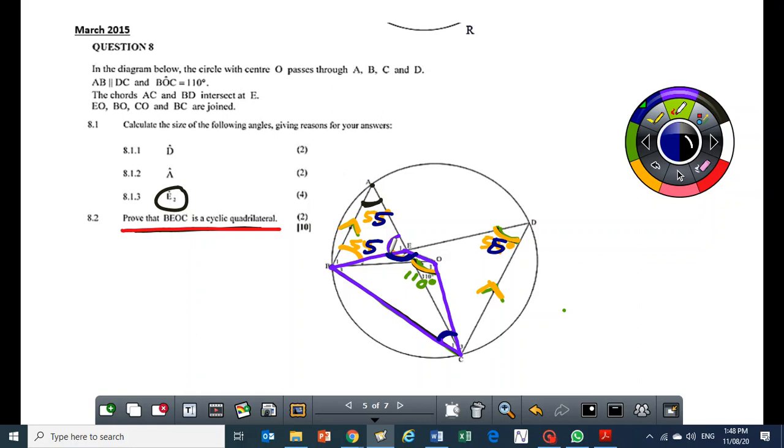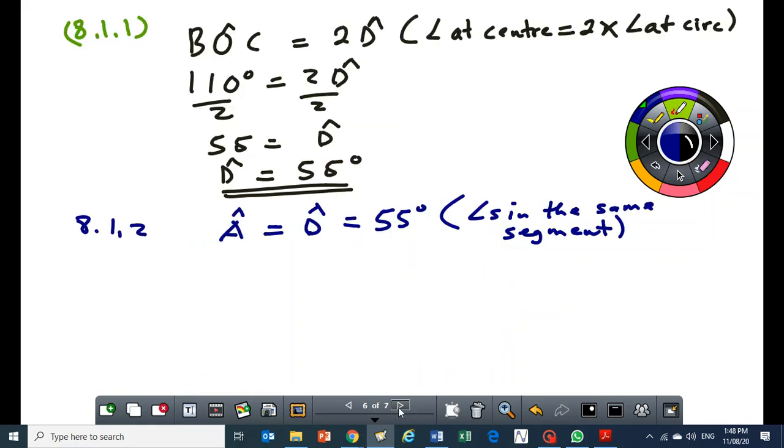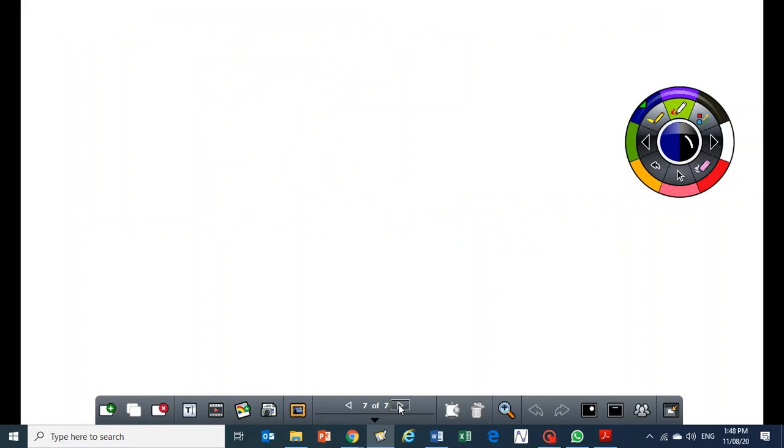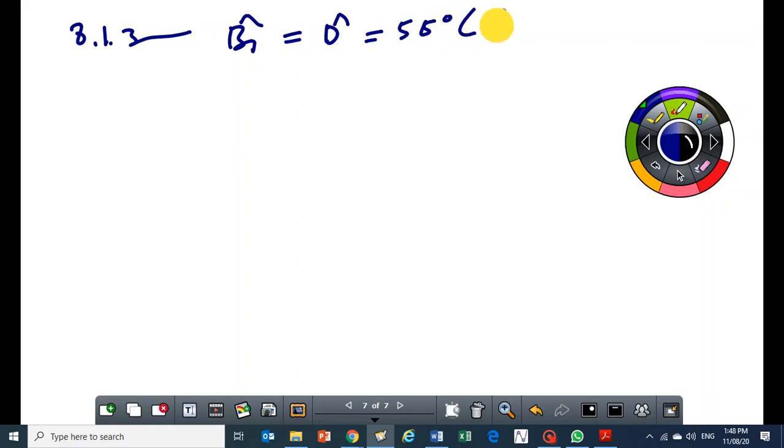Furthermore, angle B1 must be equal to angle D because they are alternate angles. So for 8.1.3, we're supposed to have angle B1 is equal to angle D, and they are both equal to 55 degrees because they are alternate angles, and AB is parallel to DC.